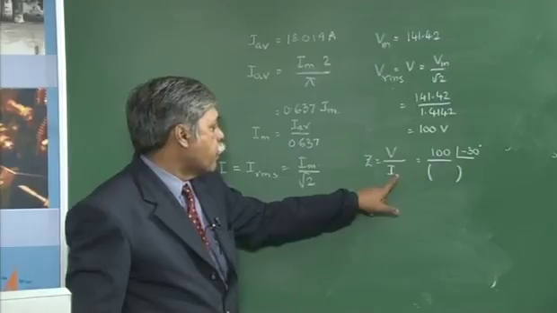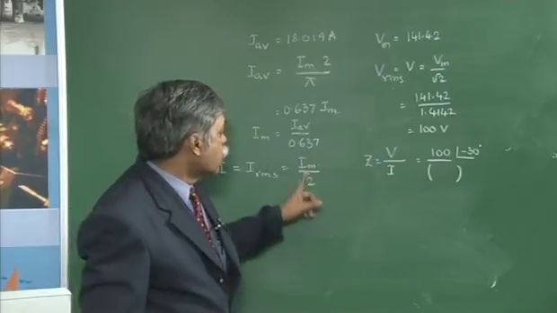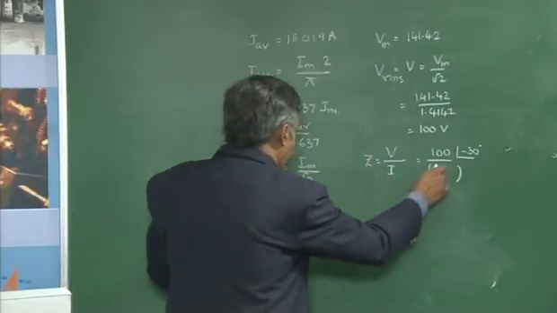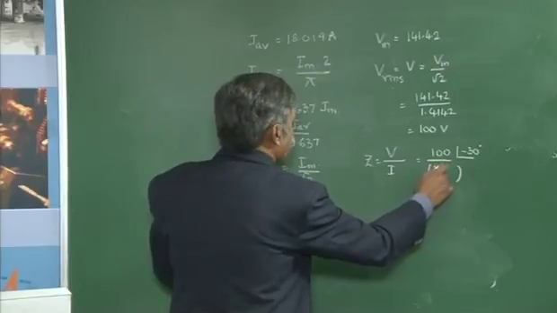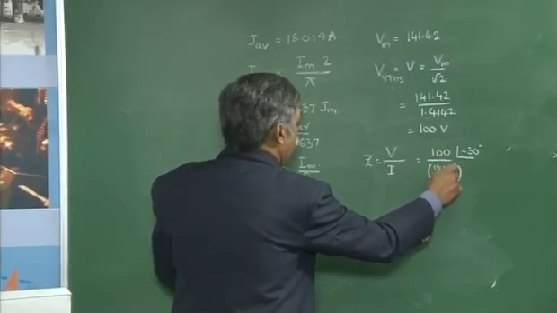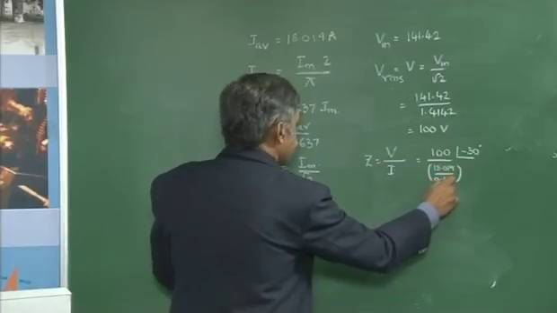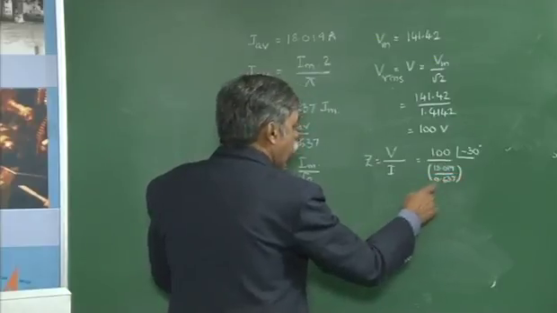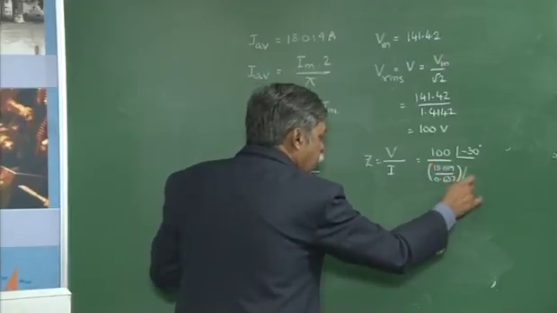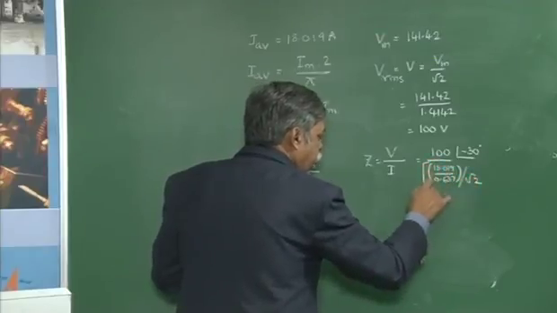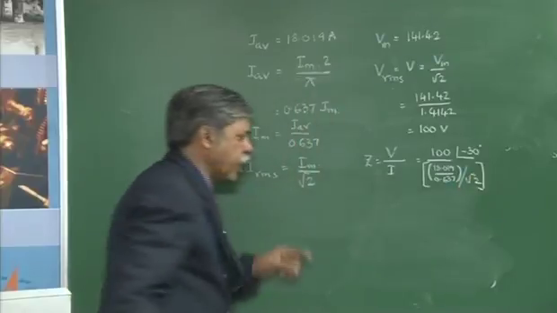Here also I will divide the peak value by root 2, okay. So the peak value I am getting here will be I average, that is 18.019 divided by 0.637, this is the peak value, and this divided by root 2 in the denominator will give you the RMS value, okay.